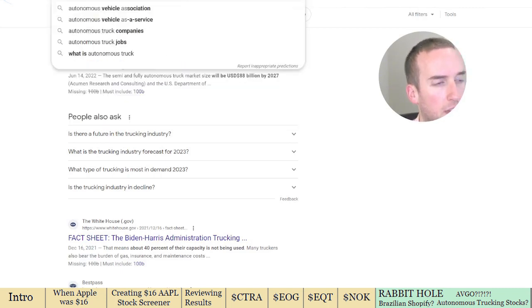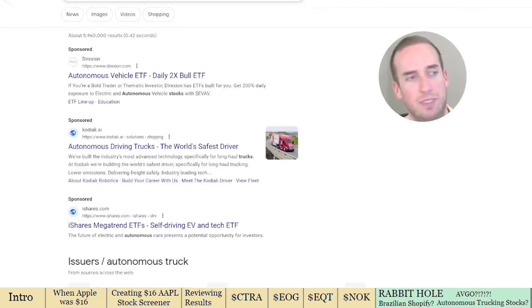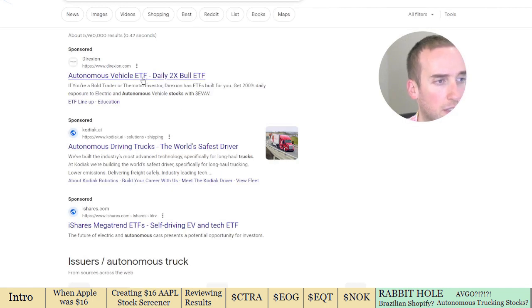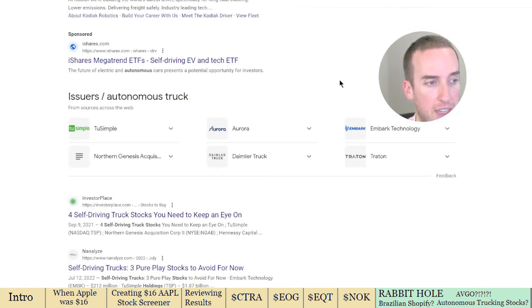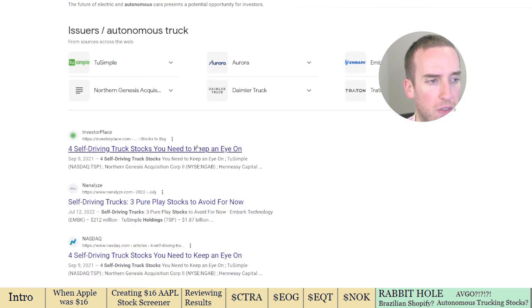Autonomous truck stocks. Oh, there's the ETF. Okay, here's some stocks. I'm so sorry for going down this rabbit hole with you guys.